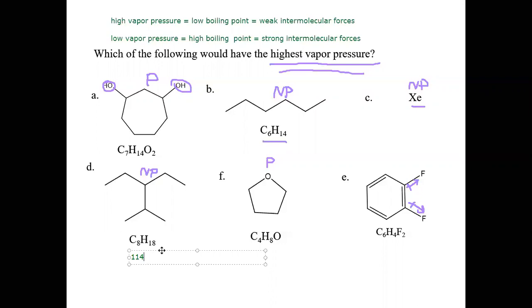Now C6H14 is 86 grams per mole, and xenon is 131 grams per mole.